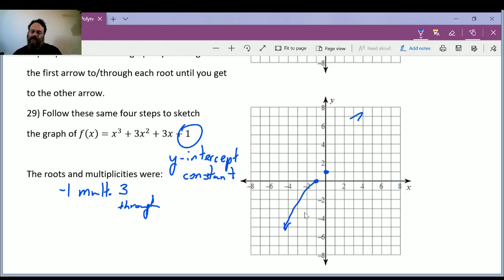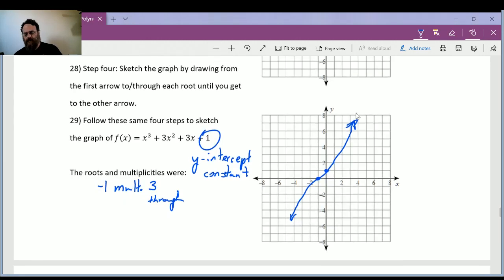We've hit this one. It is an odd multiplicity, so I'm just going to keep going. We went through the y-intercept, and there we go. We hit the other arrow. That's it. We have graphed another polynomial function.